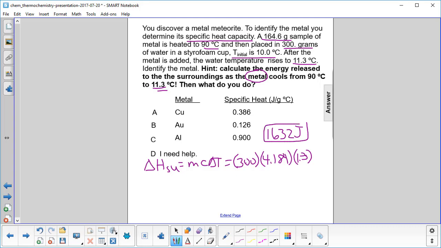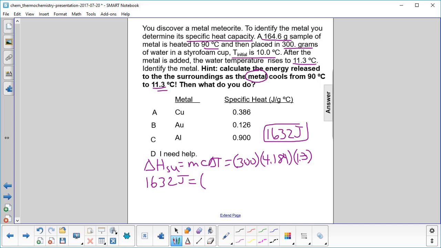We're not done yet. Now we have to do the metal. We use the same equation here, except this is the delta H of the system, which is the metal. That has to equal 1632, the magnitude of it. So we're not going to worry about signs so much here, but we're going to say the metal has to release 1632 joules. What's the mass of the metal?